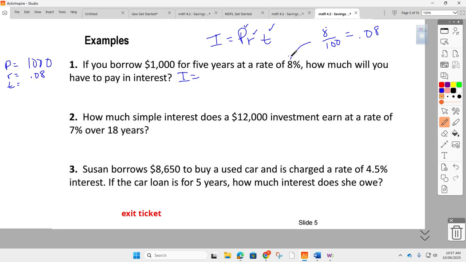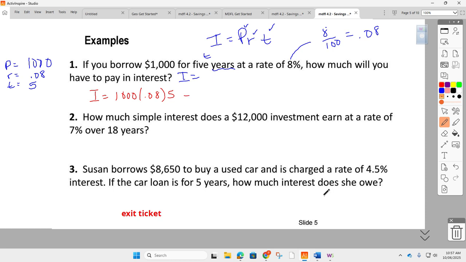And then the time in years, it is already in years, so that's great. No work to do there. Once we've identified the variables, now we just plug them into the formula. So the interest is what we're looking for. Our P is 1,000, our R is 0.08, and our time is 5.